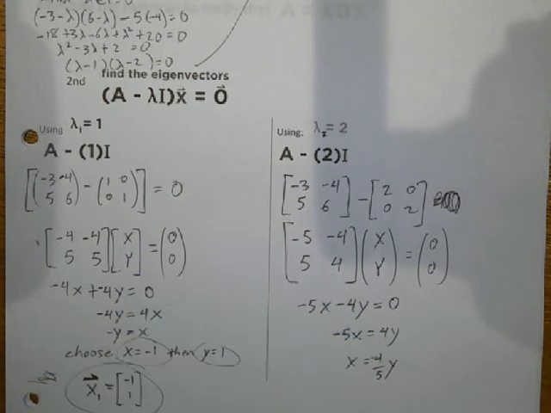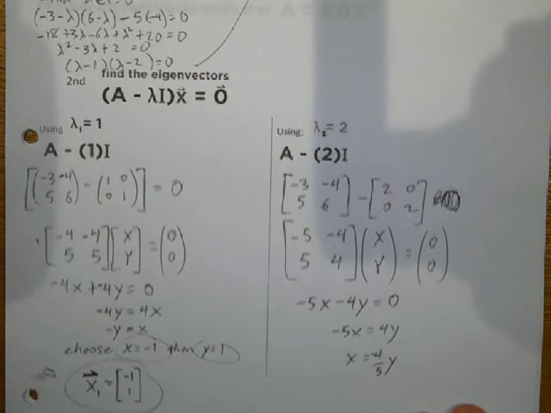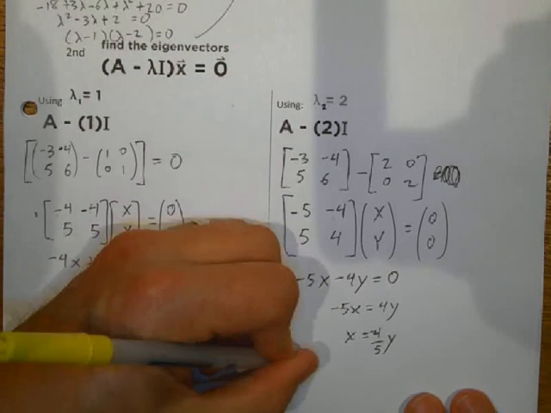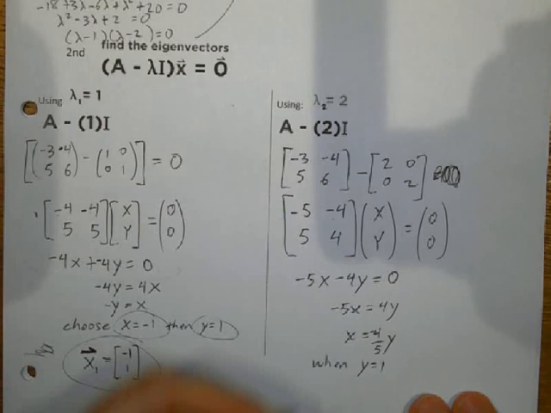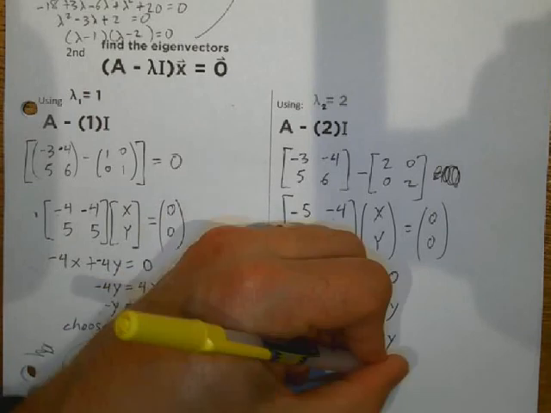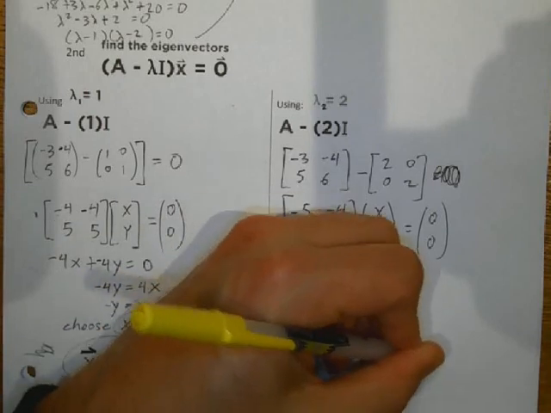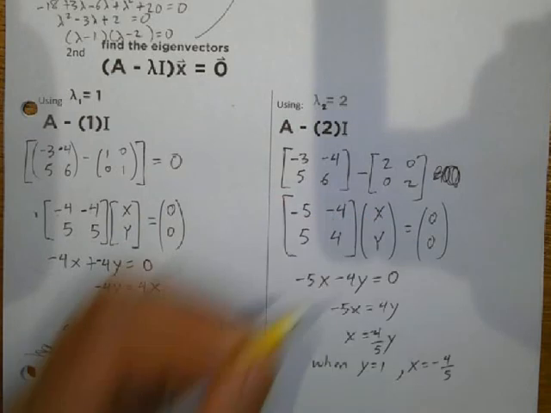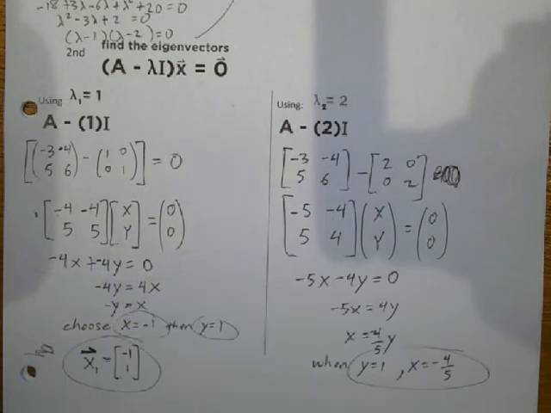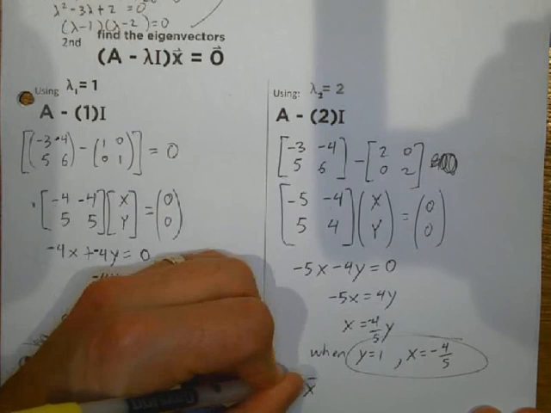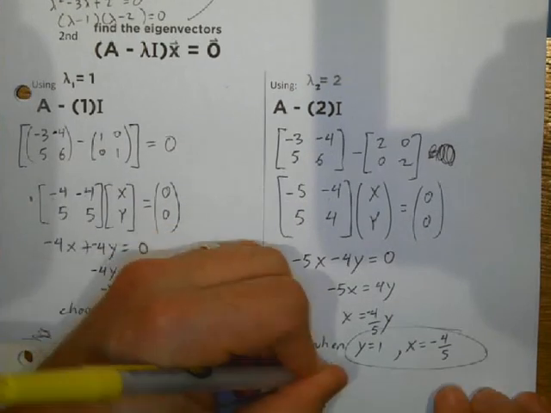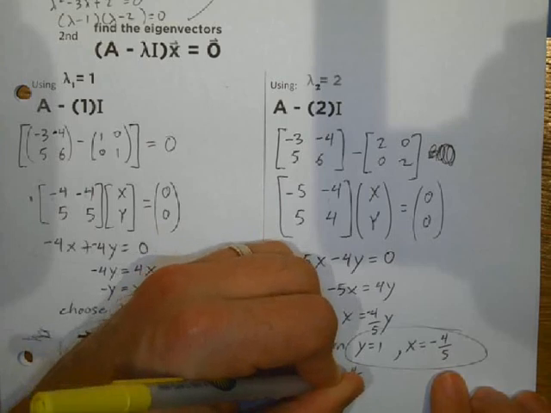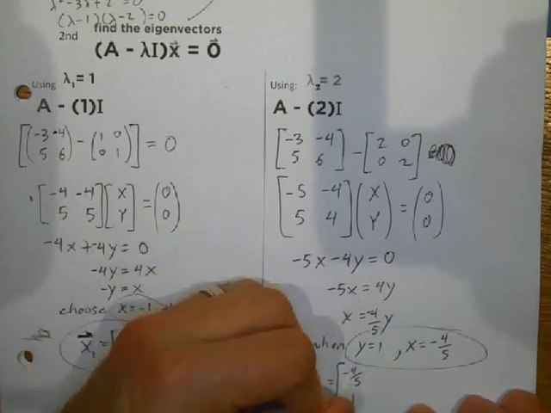Okay, and so now when y equals 1, then x would be equal to -4/5. And using that information, I can find my eigenvector number 2 is equal to -4/5, and the other one would be 1.